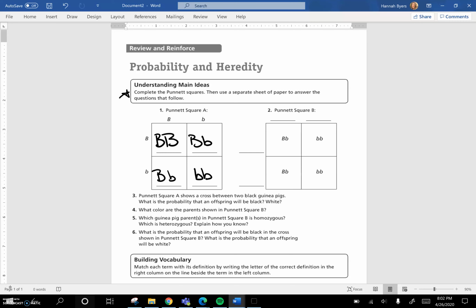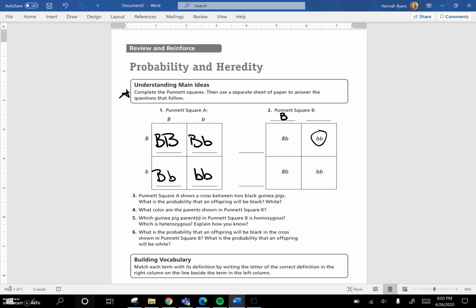For question number 2, the Punnett square is completed, but they want us to figure out what the parent alleles are. So we know that one parent has to have a dominant allele for sure, and this top spot is actually going to be dominant.